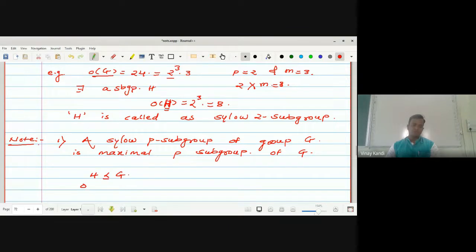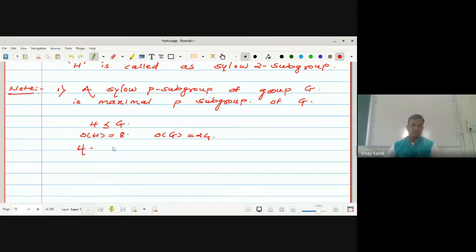A subgroup of G. What is the order of H? 8. What is the order of G? 24. And this H is called what? Sylow 2 subgroup. So here this P subgroup, that means this H, is not only a subgroup, it is the maximal normal subgroup, that is H is normal. What does maximal mean? Maximal normal subgroup in G.